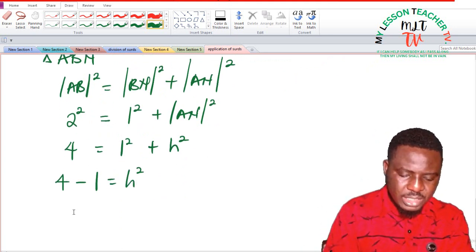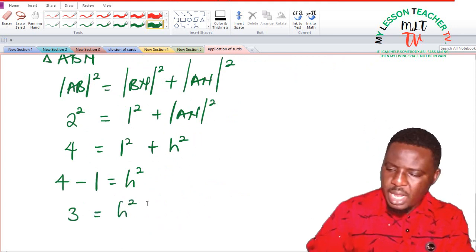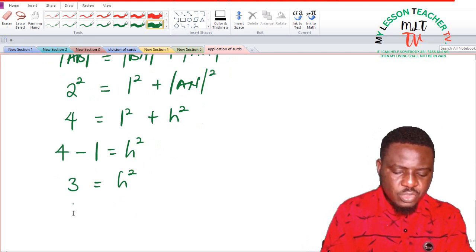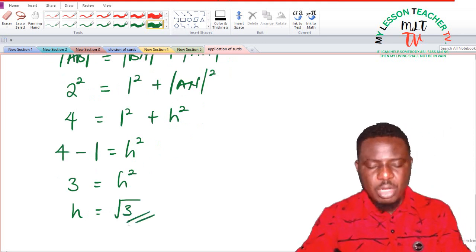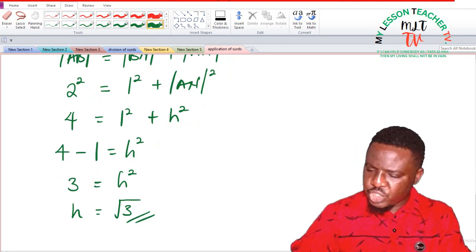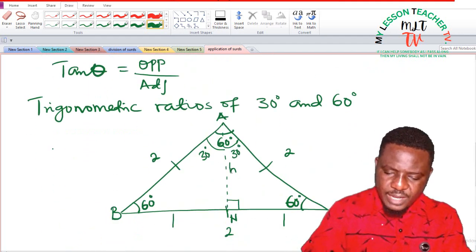And 4 minus 1 is 3. That means 3 is equal to H squared. And when you make H the subject of the formula, by finding the square root of both sides, you agree with me that H is equal to plus or minus root 3. But we shall take the absolute value of that. So if H is equal to root 3, it therefore means that this side is equal to what?